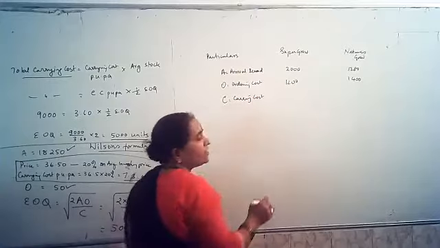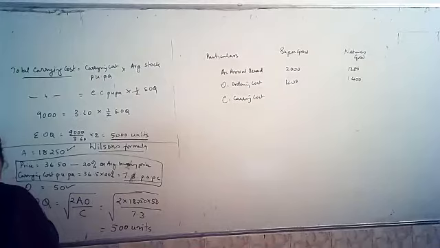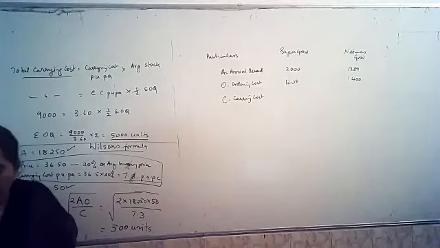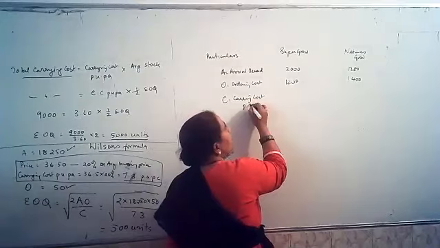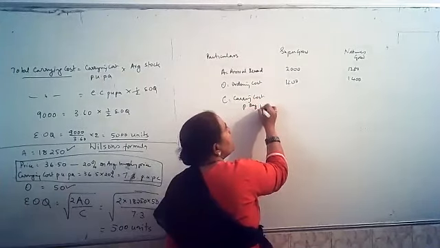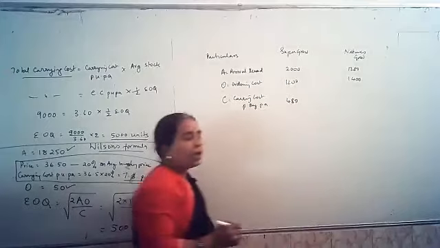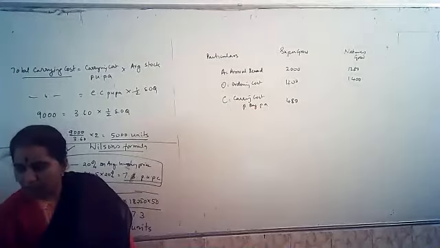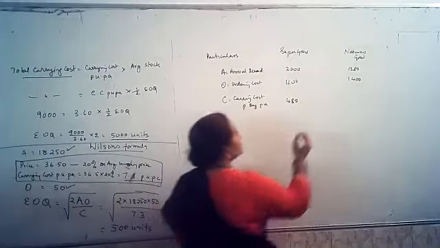They themselves have given carrying cost per bag. Annual relevant carrying cost per bag. They have given 480, 560. So carrying cost per bag per annum 480 for Super Grow, and for Nature's Grow it is 560.